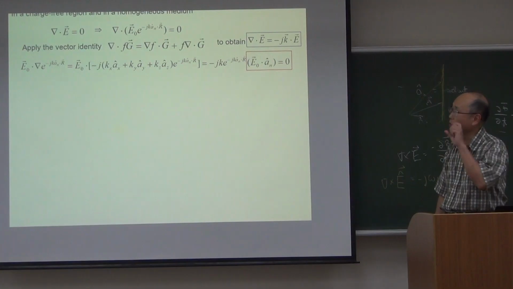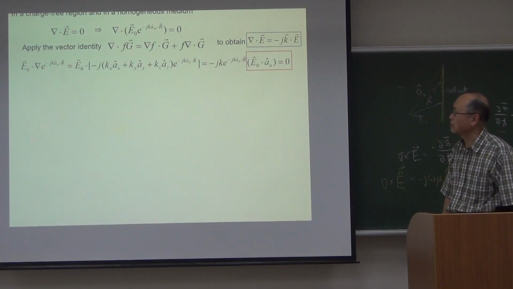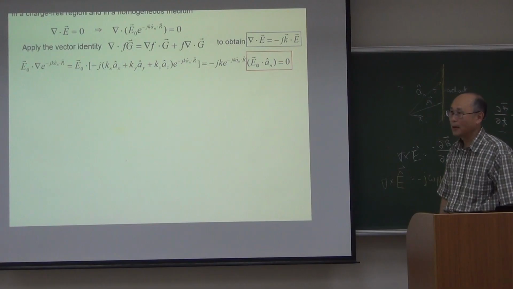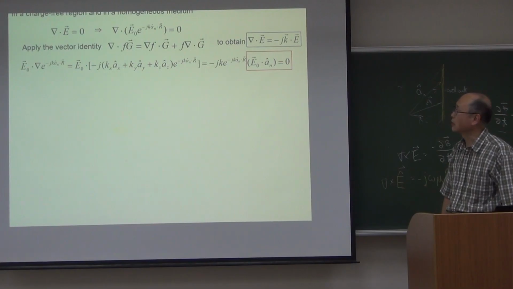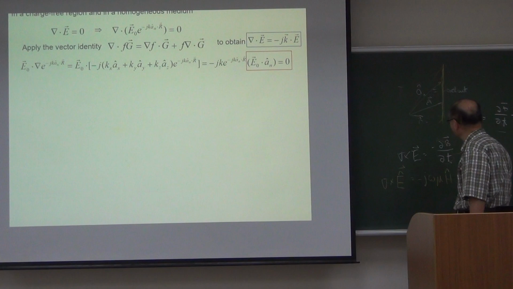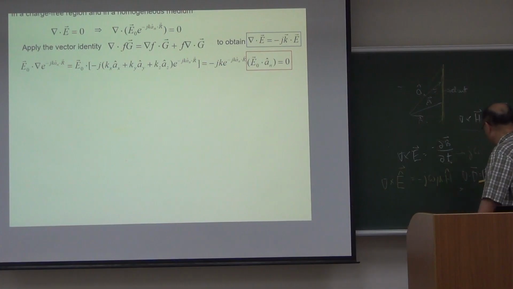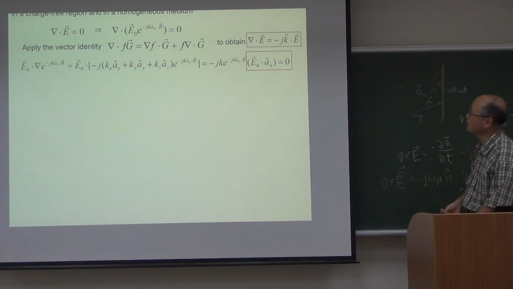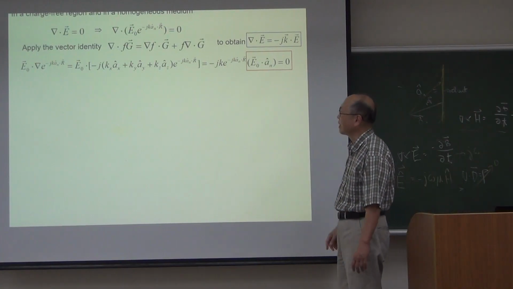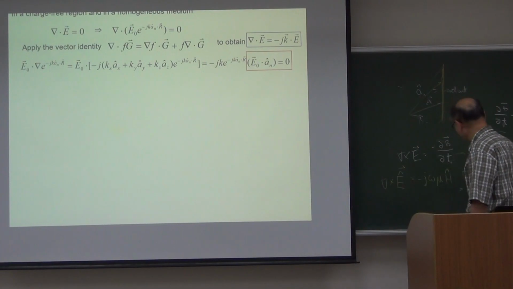Okay, another thing you can use to figure out the directional relationship among all the vector components is Gauss's law. Previously you have divergence of D equal to rho, but in free space this goes to 0, so you have divergence of E equal to 0.